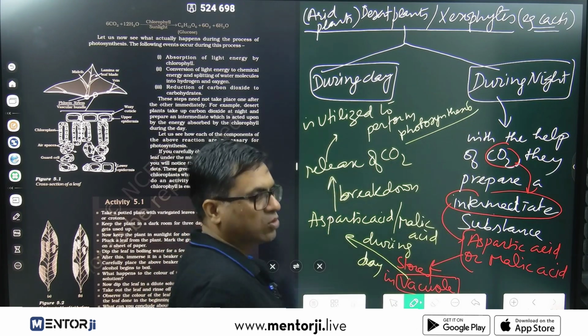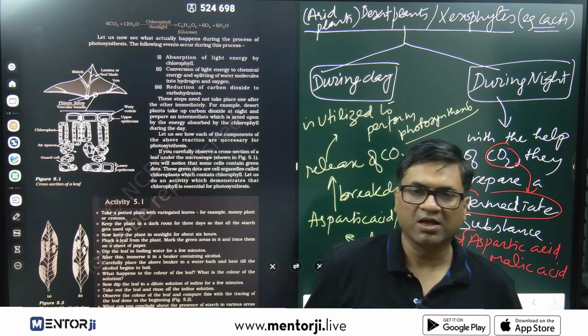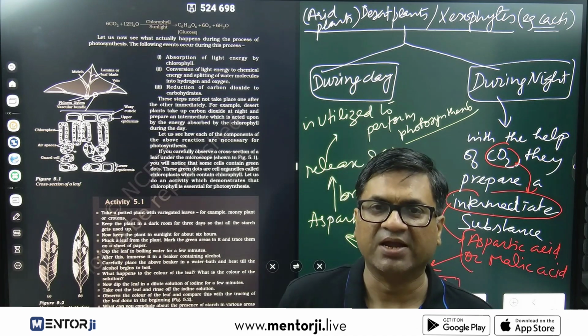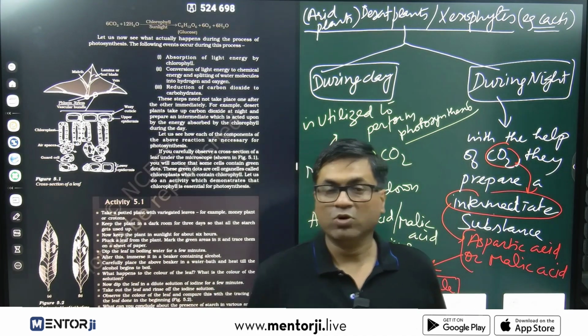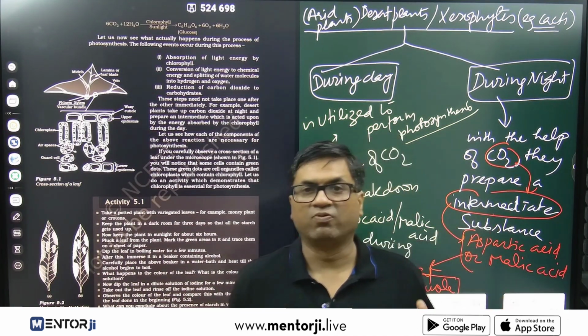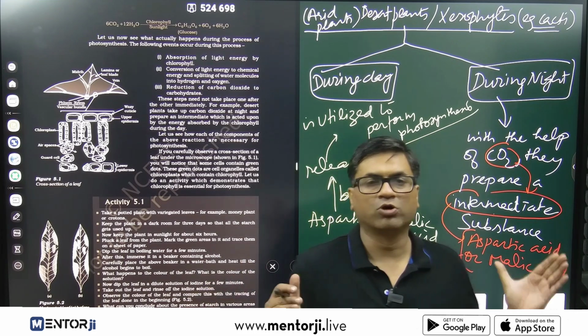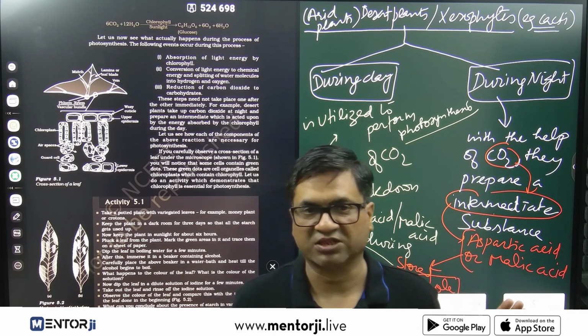So this is how they utilize the given adaptation around them, और वो अपने आप को लॉस ऑफ वाटर से भी बचाते हैं और साइमल्टेनियसली वो फोटोसिंथेसिस भी प्रोसीड करते हैं.